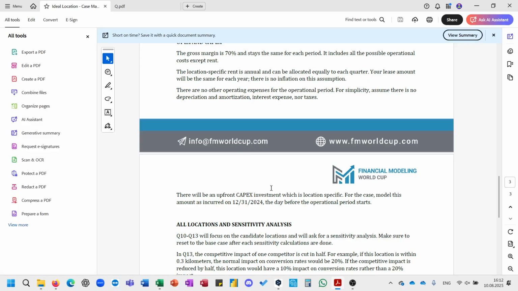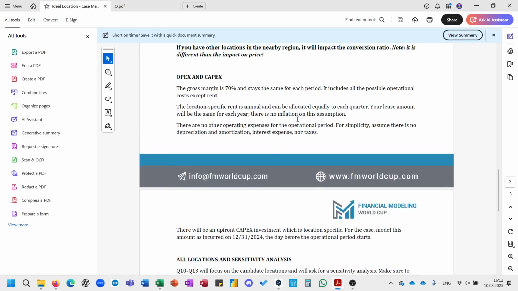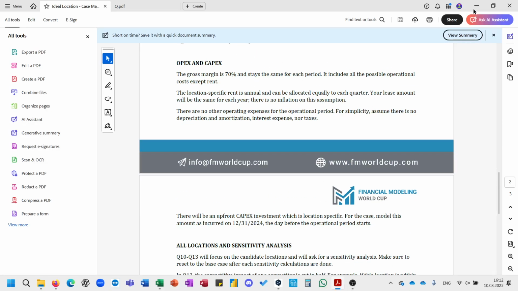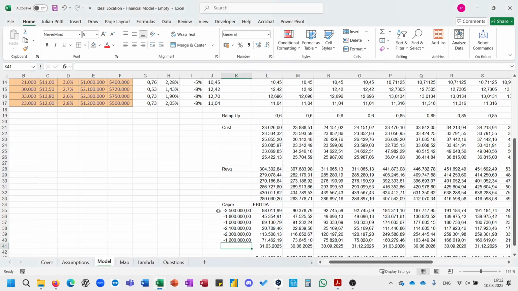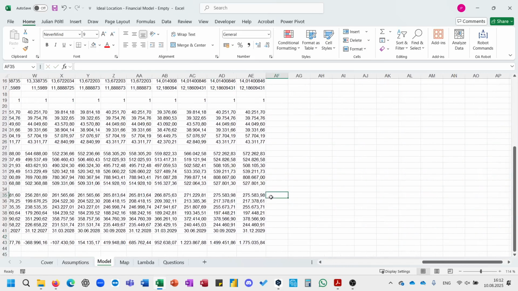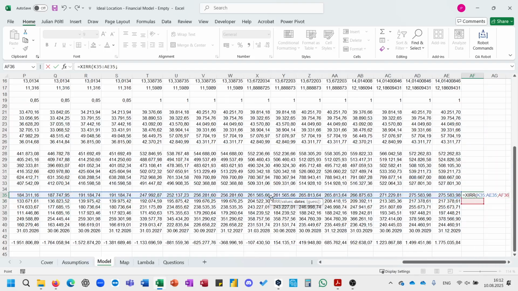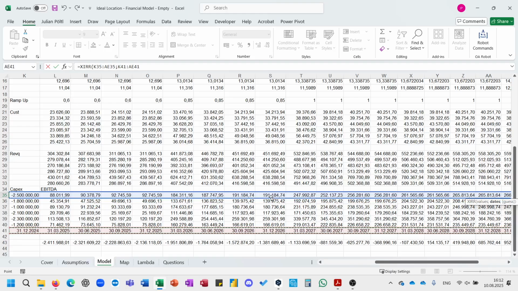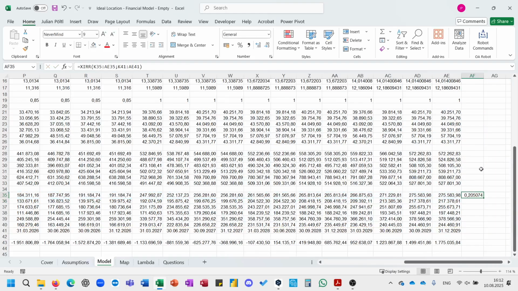It's written here, CapEx is done at the end of 2024. And then we can calculate IRR, XIRR. Values are given here. Dates are given here. And we have IRR for everything.